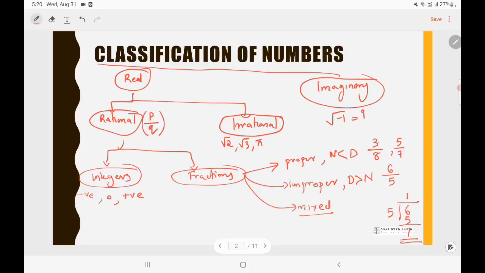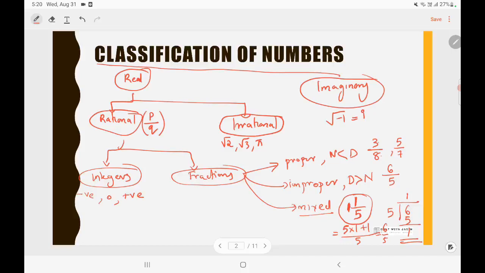So this 6 by 5 you can write as 1 1 by 5. Here you need to write the remainder in the numerator and the quotient as the whole part. So this can also be represented as (5 into 1 plus 1) divided by 5, that is 6 by 5. This is the mixed fraction concept.